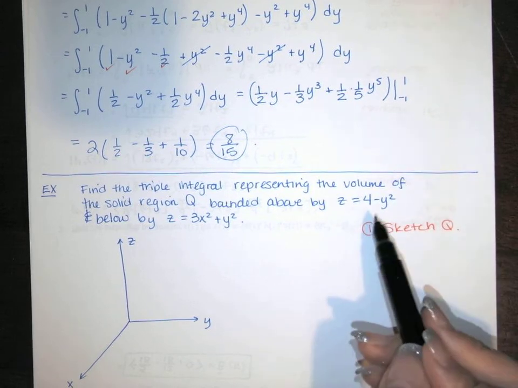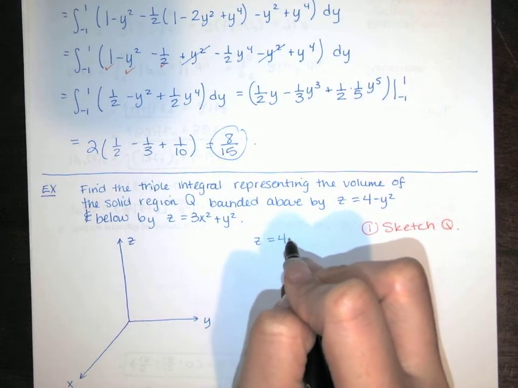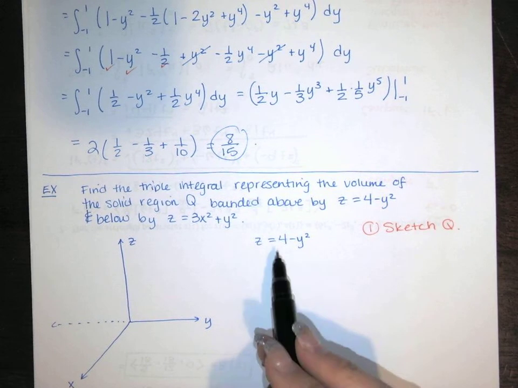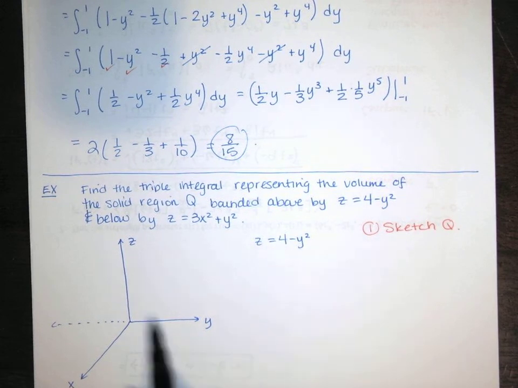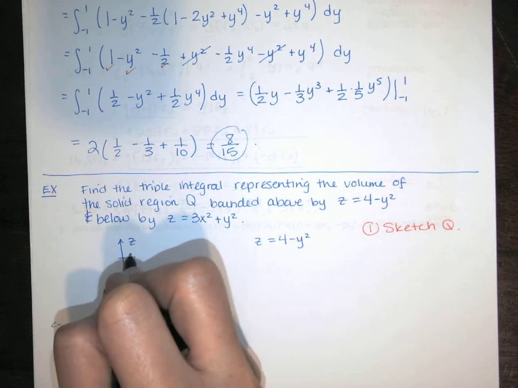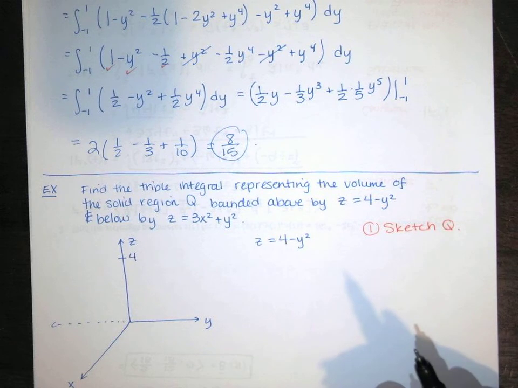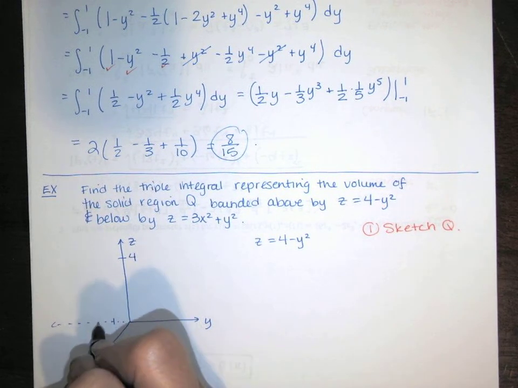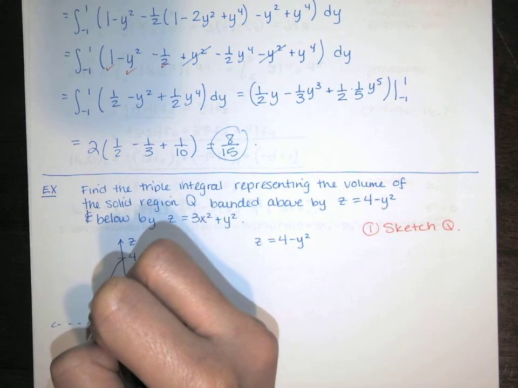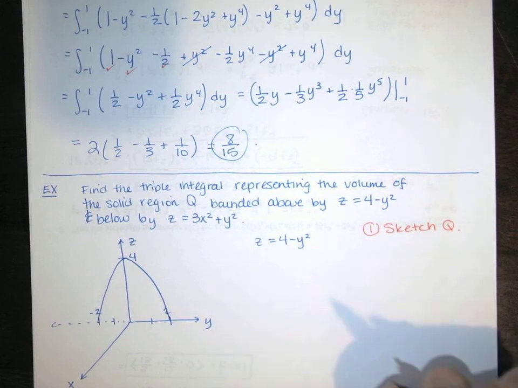Okay, so first of all, z equals 4 minus y squared. There's no x in that, so that's a cylinder. So I can just think of that as that parabola, z equals 4 minus y squared in the yz plane. When y is 0, z is 4. And when z is 0, we get 4 minus y squared is 0, so y would have to be plus or minus 2. So we have this parabola facing down, and that's true for any x value.